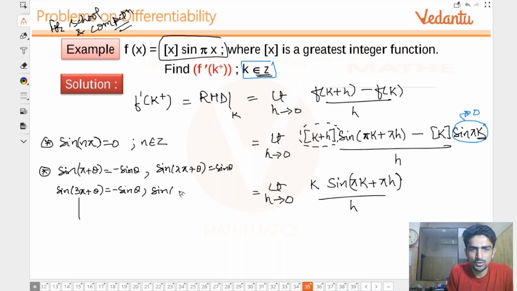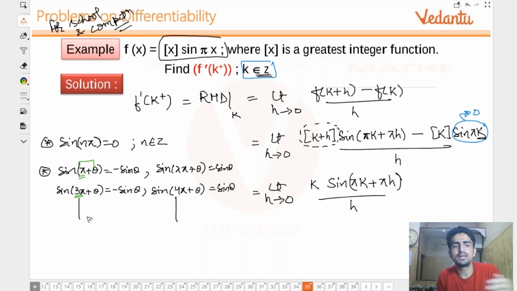Sine of 4 pi plus theta is sine theta, and so on. When it's an odd multiple of pi, then we get minus sine theta, because that angle will lie in the third quadrant where sine is negative. And when it's an even multiple, then it is sine theta.